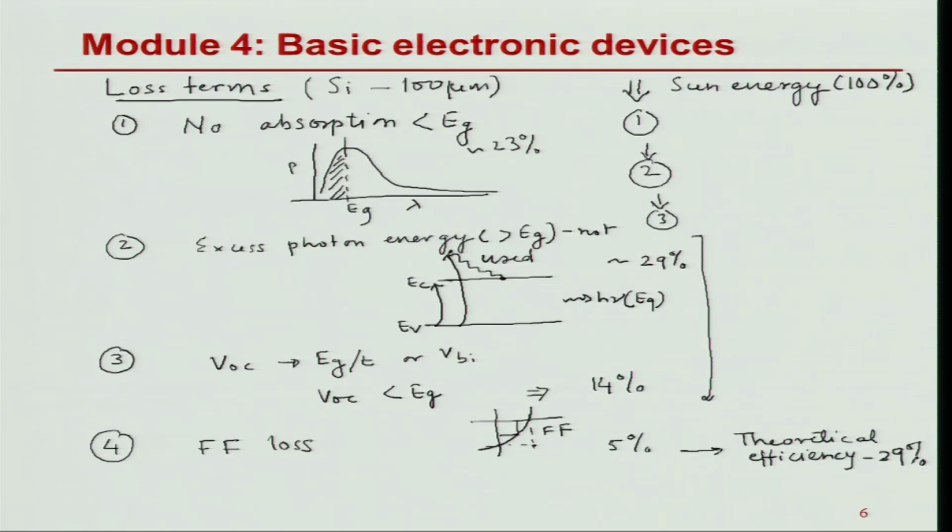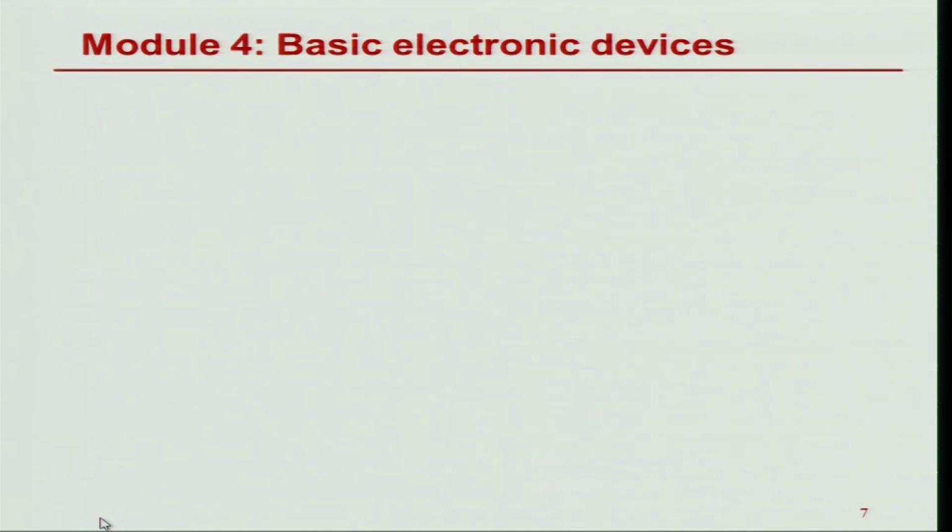But there are still some more loss processes which are there, which for the ideal PN junction we have not considered. If I add those loss processes, the first one that comes to mind is the series and the shunt resistance. So, when we make a device, because in different ways the interfaces and different layers act, the JV characteristic is not ideal.